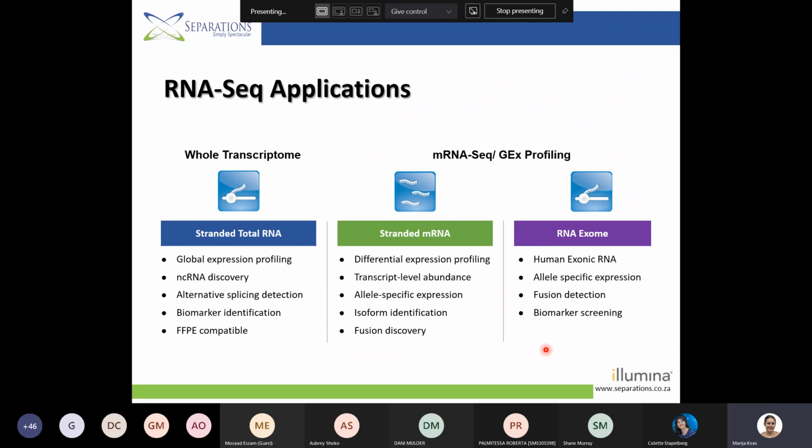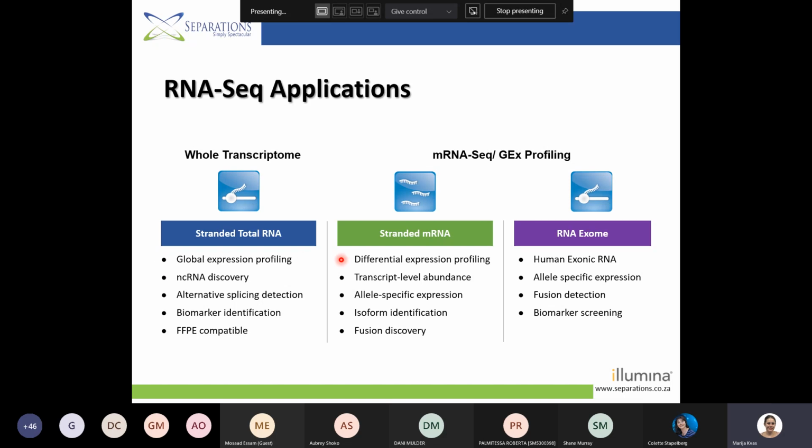So just a brief summary of the RNA-Seq applications that we have out there. If we are working with total RNA, then we are talking about global expression profiling, non-coding RNA discovery, alternative splicing detection, biomarker identification.